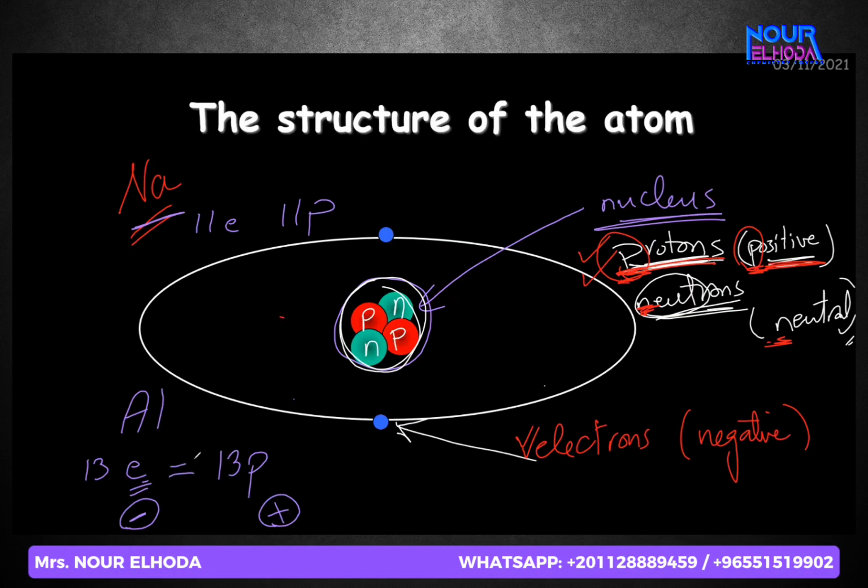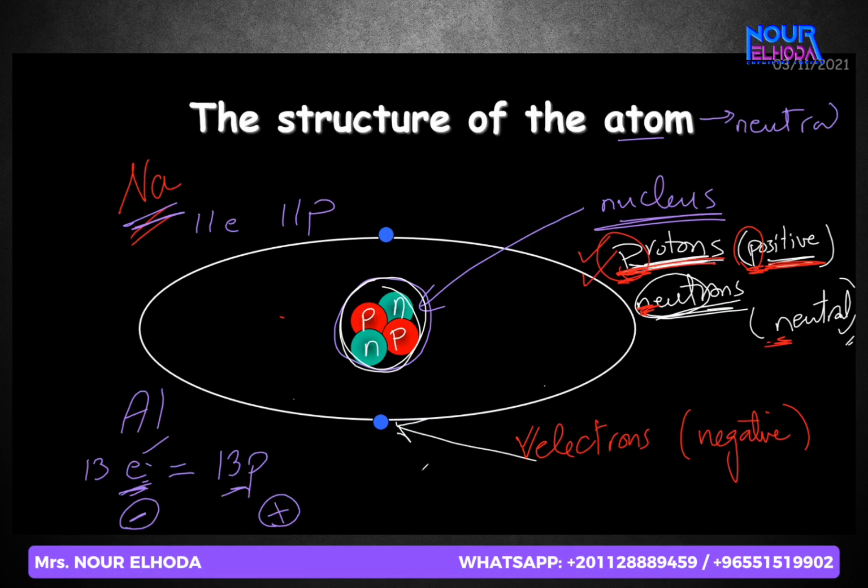Can I say the atom is neutral as a whole? Yes, that's true. Can I say sodium or aluminium or magnesium, any atom, is always neutral? Why neutral? When I write sodium, I'm not going to write plus or minus, just sodium. It's neutral because the number of electrons is equal to the number of protons, the positively charged equal to the negatively charged.